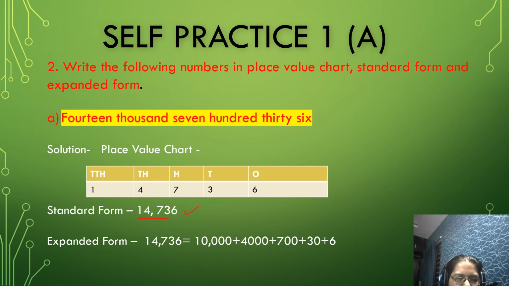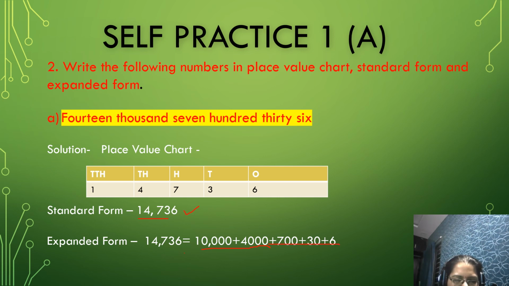And what will be the expanded form of 14,736? 1 is in the 10,000 place, so the place value of 1 is 10,000, plus 4 is in the 1000 place, so 4 multiplied with 1000 is 4000. 7 is in the 100 place, so 7 multiplied with 100 is 700.